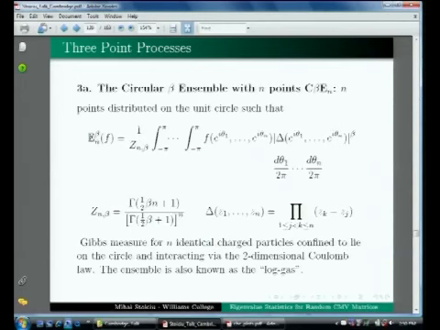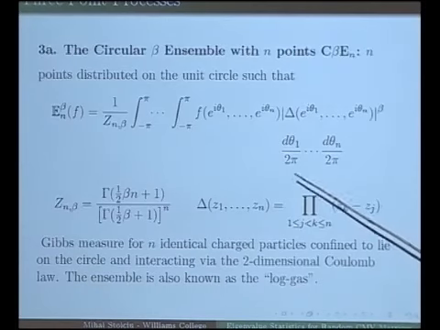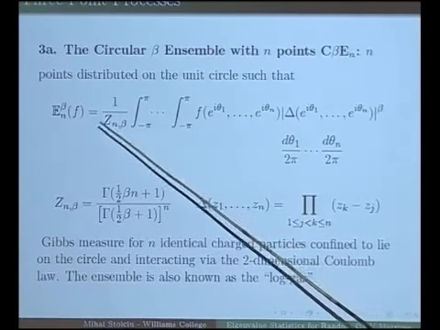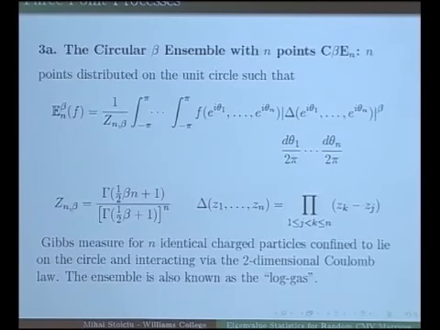And I want to explain the circular beta ensemble with endpoints. Now this is something studied in random matrix theory. So let me tell you about the circular beta ensemble. Imagine n random points on the unit circle, which give an ensemble like n identically charged particles on the unit circle interacting by this logarithmic law, the two-dimensional Coulomb law. This is a log gas.